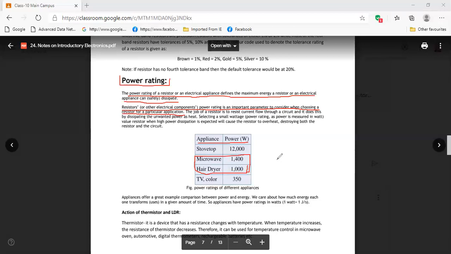It's also a reason related to power rating, because you require enough voltage or enough current, that is the combination of power, and that is not coming in the main supply. That's why your appliance is not working. Is it clear?